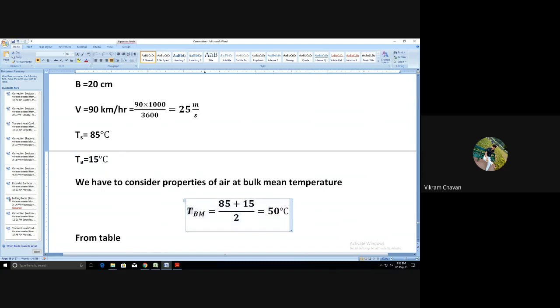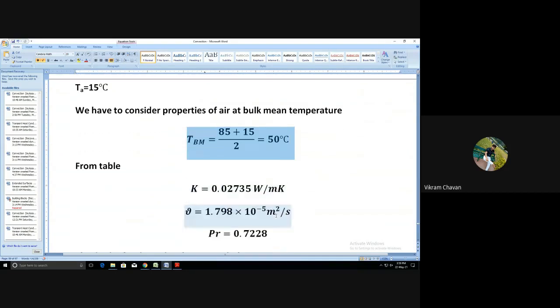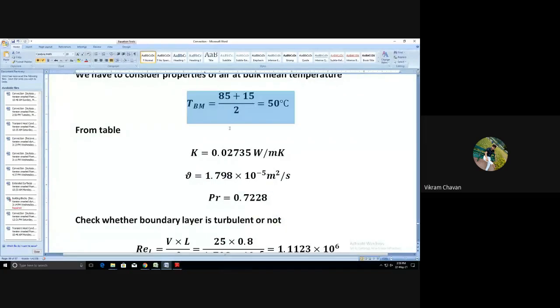So we have to consider the T_bm, the average of the surface temperature and the ambient air. So 85 plus 15 divided by 2, we will get 50 degrees Celsius. Bulk mean temperature we will get as 50 degrees Celsius. Now we have to consider the properties of air at this particular bulk mean temperature, that is 50 degrees Celsius. So from the table, whatever properties you require, those properties we have to consider.